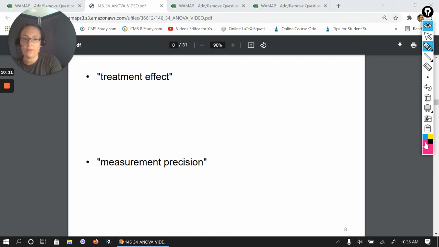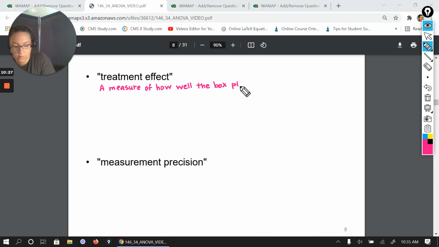So the treatment effect, what is that? This is a measure of how well the box plots line up. What is the measure of precision?